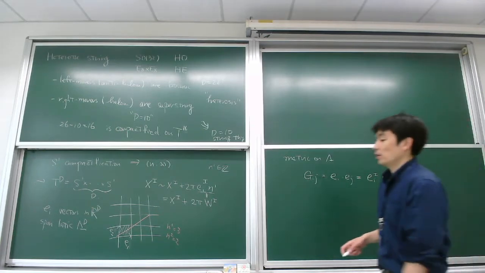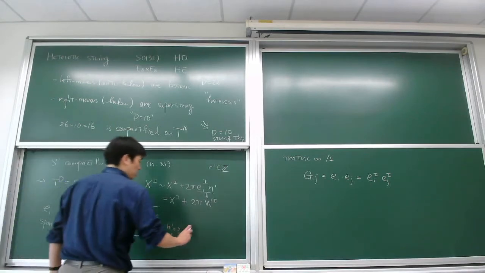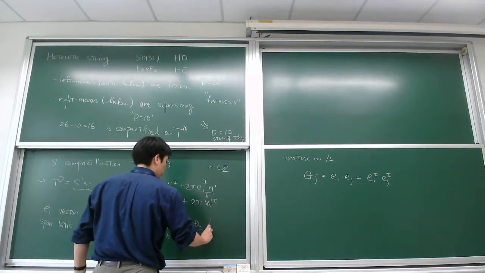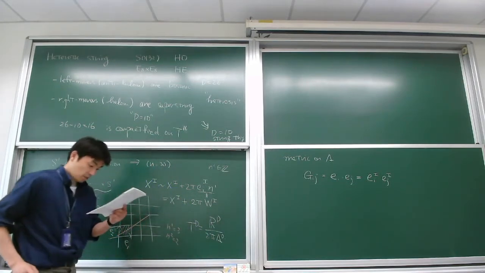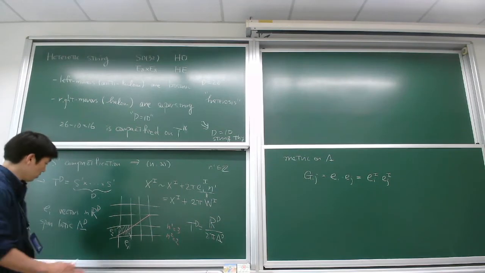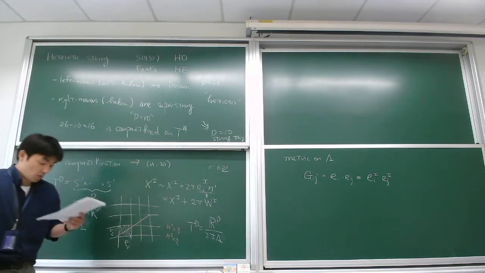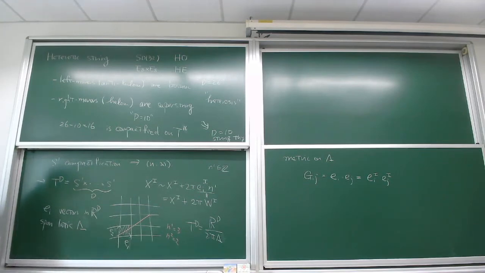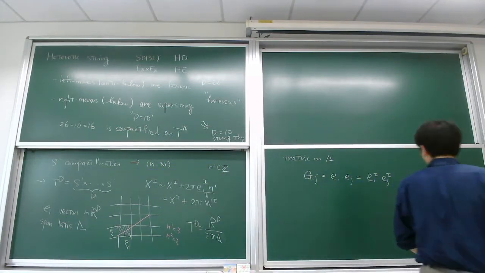And of course here, the torus T^D is R^D divided by 2π Lambda.